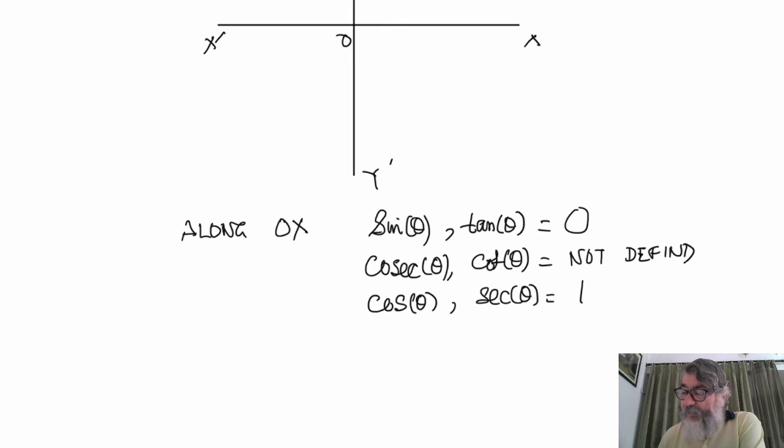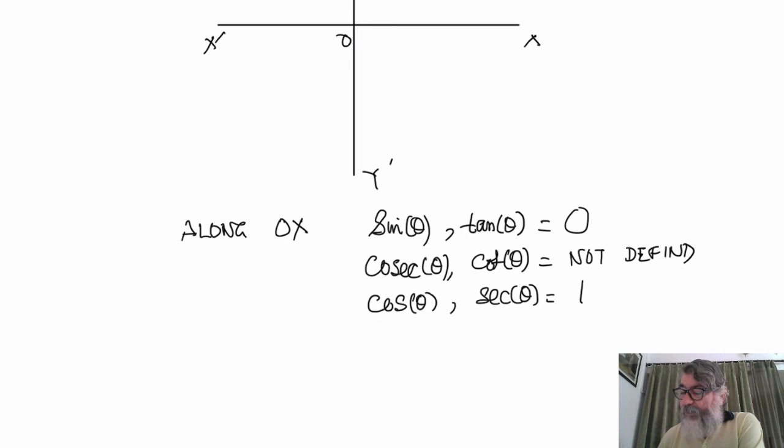You can say sine 2 pi, sine 4 pi, sine 6 pi, sine 8 pi, sine 10 pi, all will be 0. Similarly, tan 0, tan 2 pi, tan 4 pi, tan 6 pi, because on OX we had said even multiples. So even multiples of sine and tan will be 0.